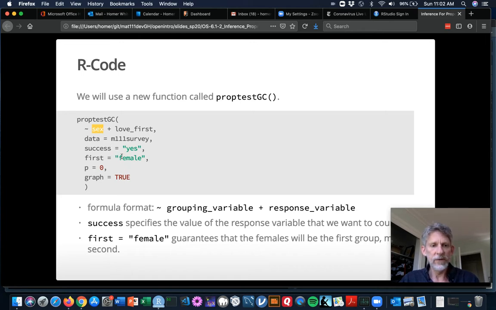So take the female value, put it in quotes, and let that be first. The P signals that you plan to ask for a test of hypothesis, and you put in the null value. The null value here is 0 because the null hypothesis thinks the difference in proportions is 0. And for fun, we're asking for a graph of the p-value. Usually, once we get enough experience, we don't ask for that.